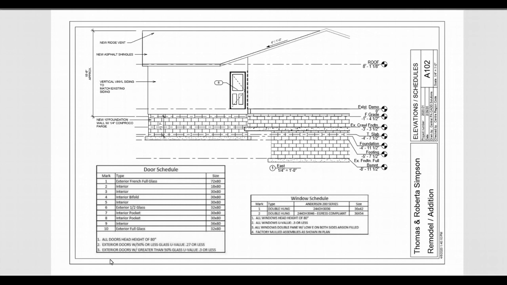And then there's going to be notes down here that apply to the door schedule in general, the different doors. So example, all door head height 80 inches, exterior doors with 50% or less glass have to have 0.72 or less U value. So there's some different things that you have to pay specific attention to within these schedules.